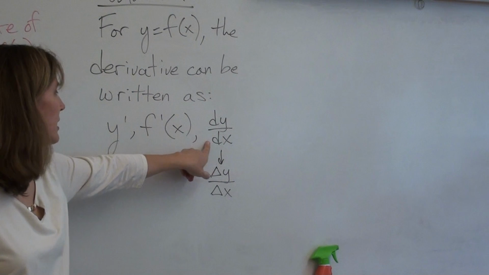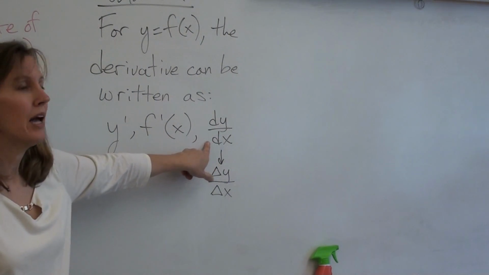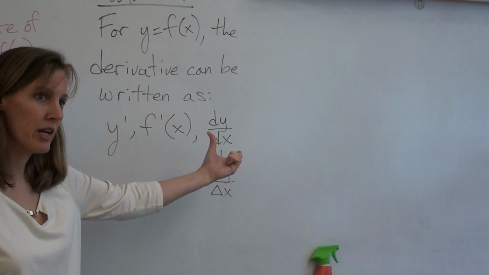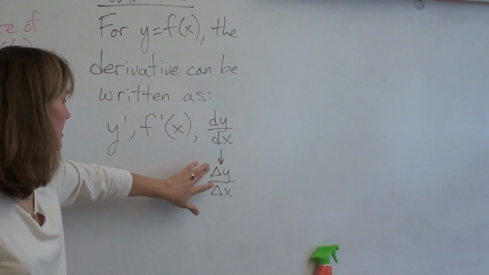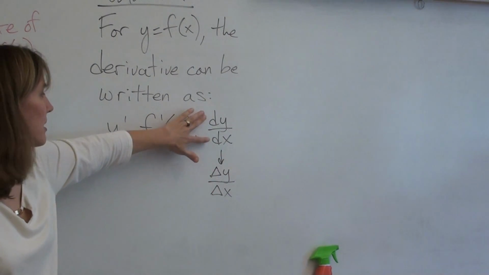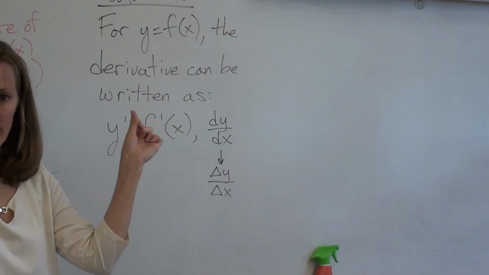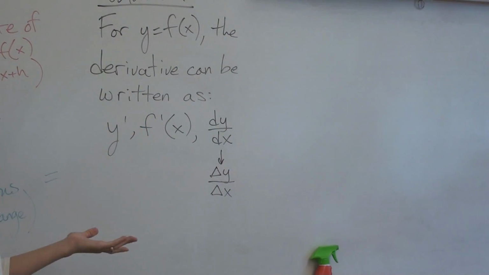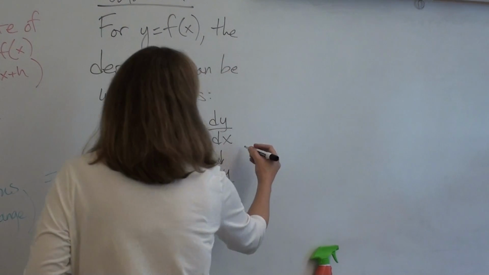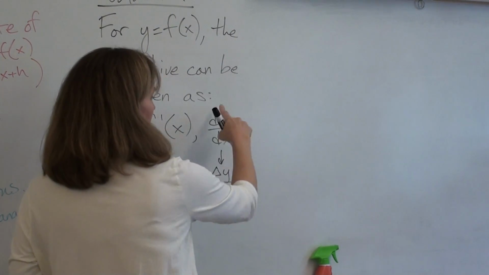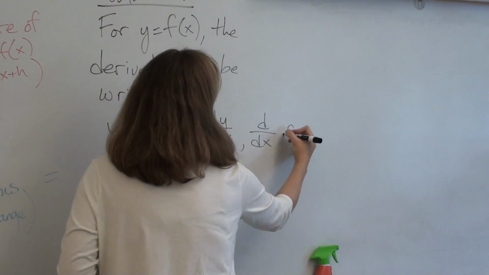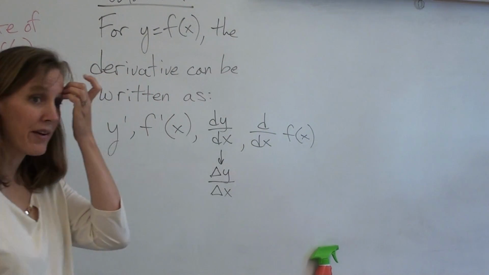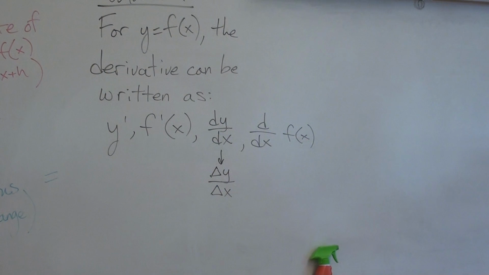This dy dx is talking about the limit as the change in x approaches 0. It's like delta y over delta x, except it's implying that there is no change, it's instantaneous. Let's just do the last one. For functions, if you want to use the dy dx kind of notation, you write d dx of f of x. D dx in front of anything means the derivative of that thing.